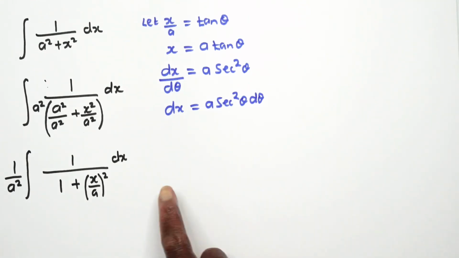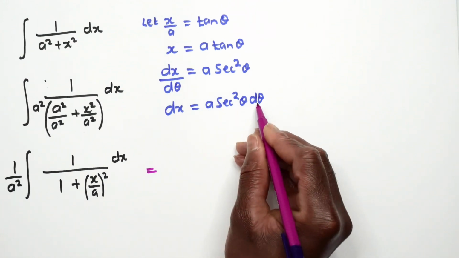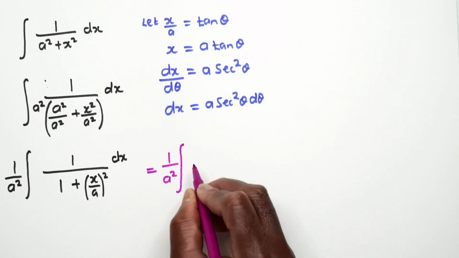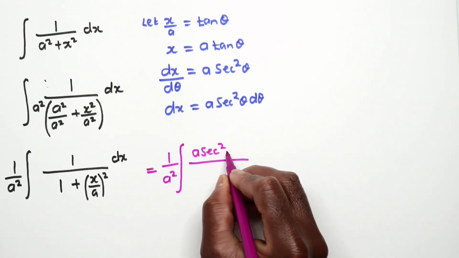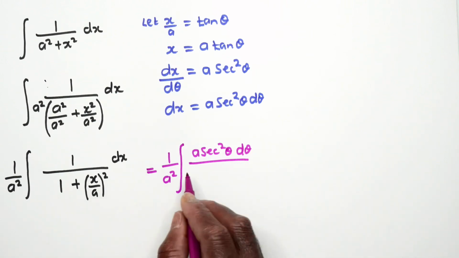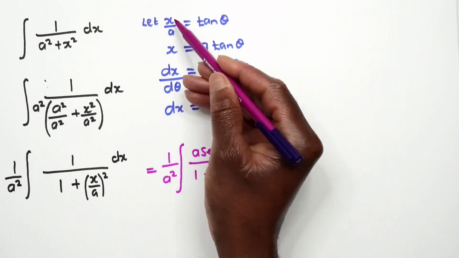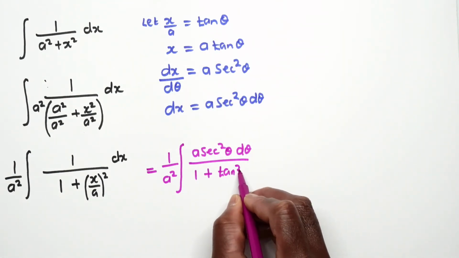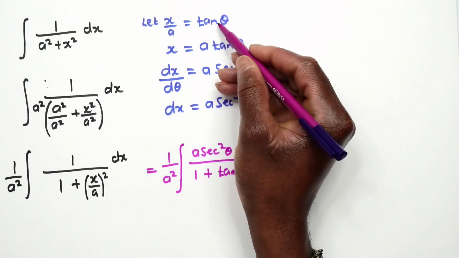Now I can rewrite this. I know what dx is, so I'm going to put it there. The integral of 1 over a squared, and dx is a sec squared theta d theta, over 1 plus x over a squared, which is tan theta squared.